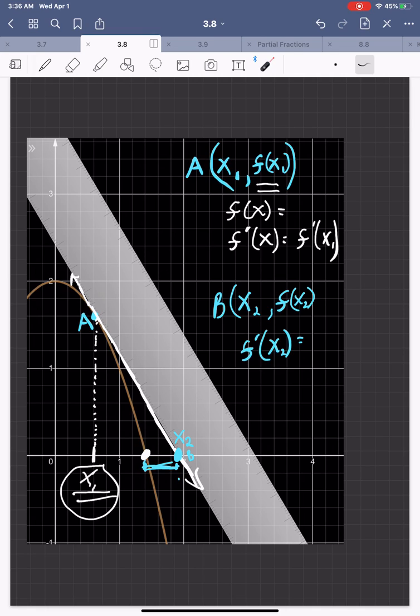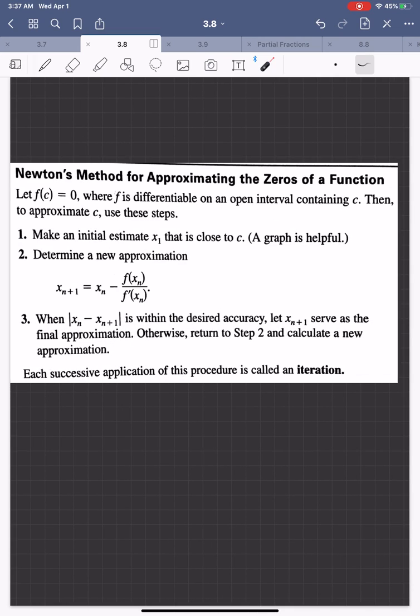Again, there are a few things that you have to consider before you start, but instead of going through all of those preliminaries, I just want to show you the approximation technique. Ready? So instead of me reading this to you, we're just going to jump in and do a problem using Newton's method for approximating the zeros of a function. Just remember, mathematicians tend to use words like zeros and roots and intercepts, x-intercepts.